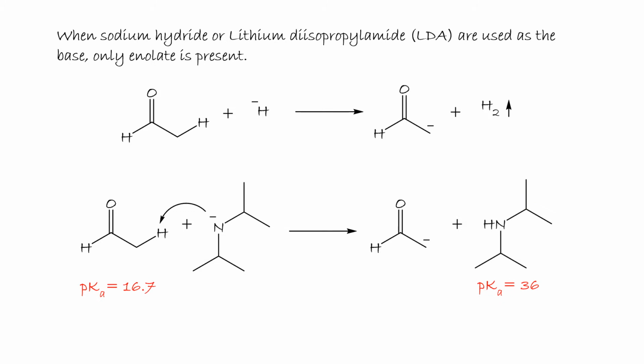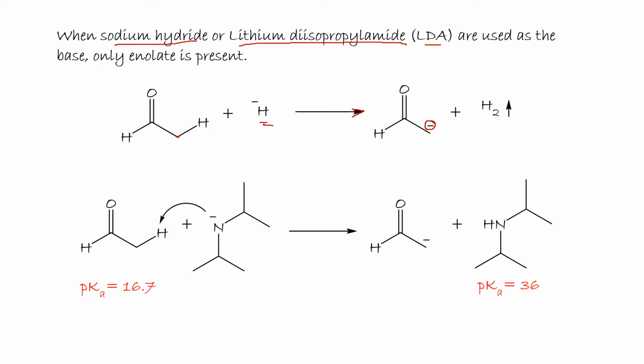But when we have a strong base like sodium hydride or lithium diisopropylamide, LDA, then the reaction goes one way and we get the enolate. In the case of hydride, we get hydrogen gas out.